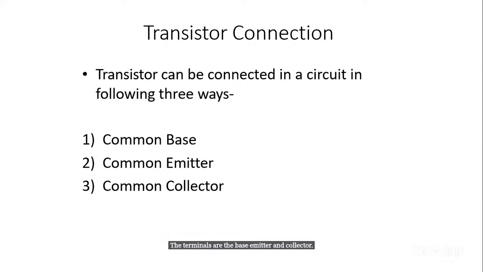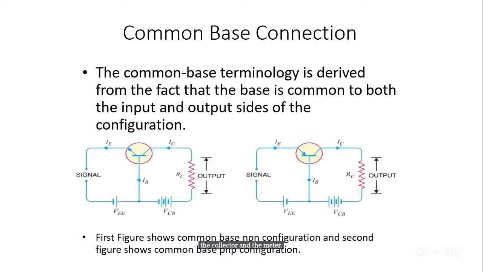So when it is a common base, it means that the base is between the collector and the emitter. So let's look at the common base configuration here.